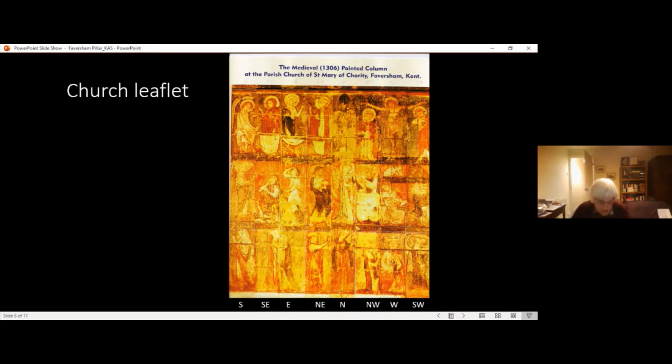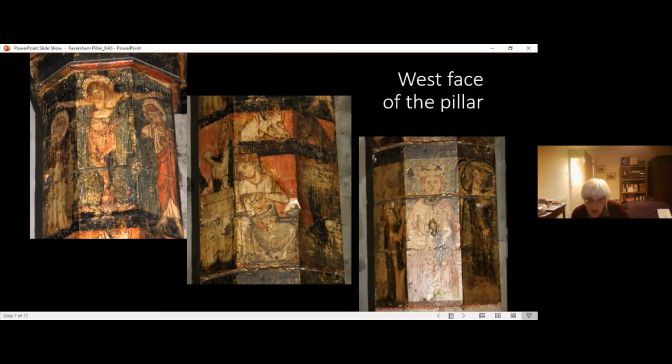But I think there are 2 crucial issues that we need to take into account when we're actually looking at the pillar. The first thing that I think is crucial is the line of sight of either Christ or the Virgin Mary, and I'll explain that as we go through. And the second thing I think is absolutely crucial is the west facing side of the pillar.